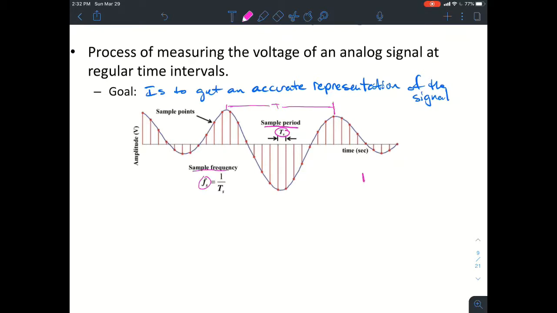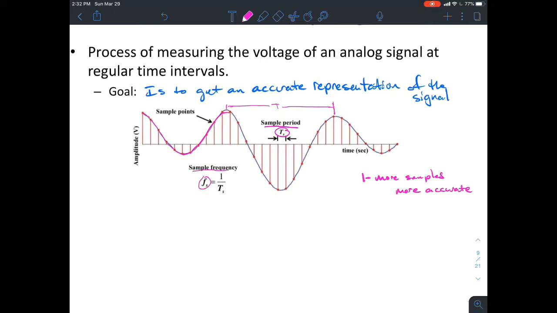First off, more samples, more accurate. You can see that because where each one of these dots are, when we're doing this digitally, we're basically playing connect the dots. So the more dots we have in between, the better that overall representation is going to be.